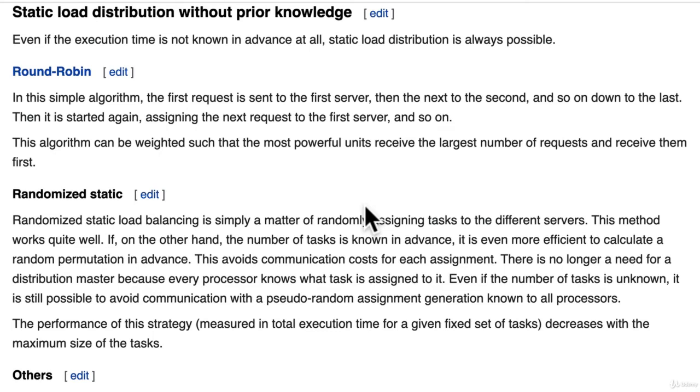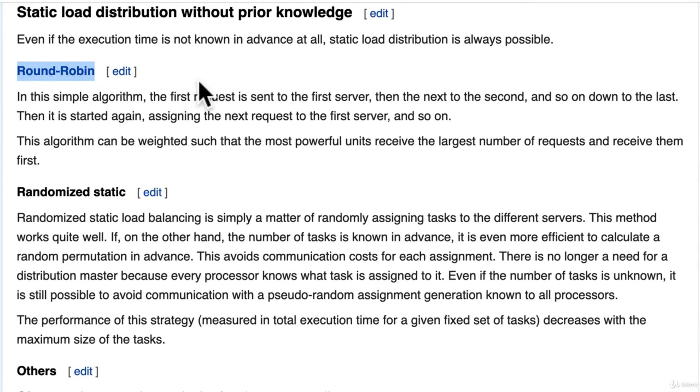Well, when we don't have that rigid predictability, the two main approaches for load balancing are round robin, which we now have quite some experience with, and basically just randomized distribution of requests. Each new request is assigned to one of the processes at random.